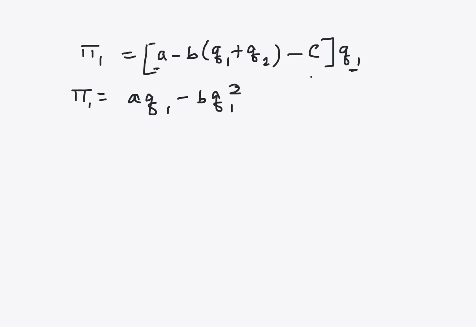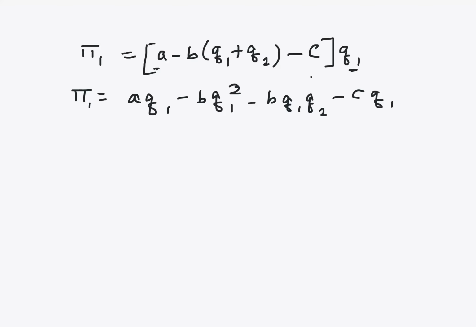And then minus B times Q2 times Q1, so minus B Q1 Q2, and then minus C times Q1. Right? So this is your profit function of firm 1.